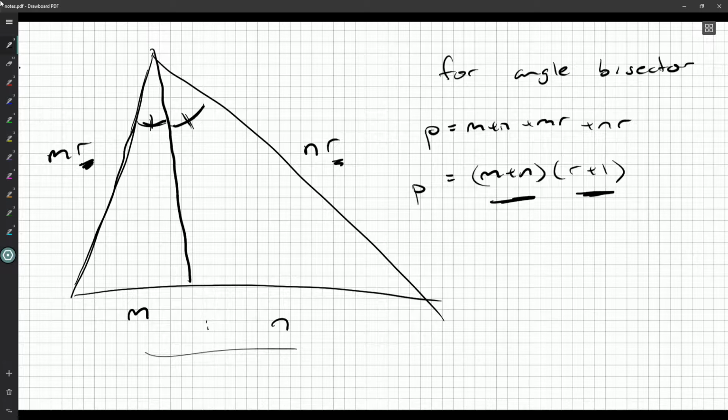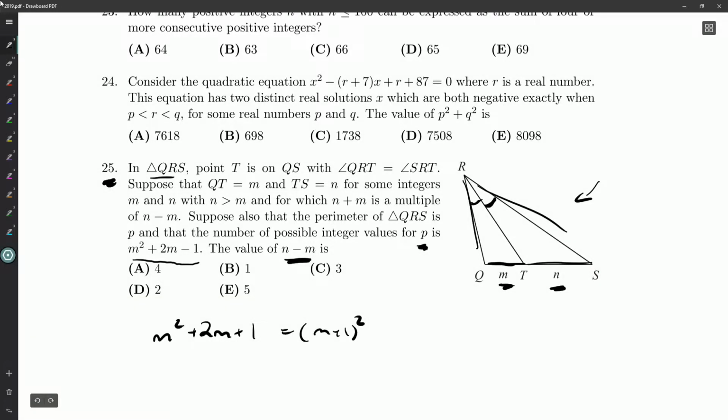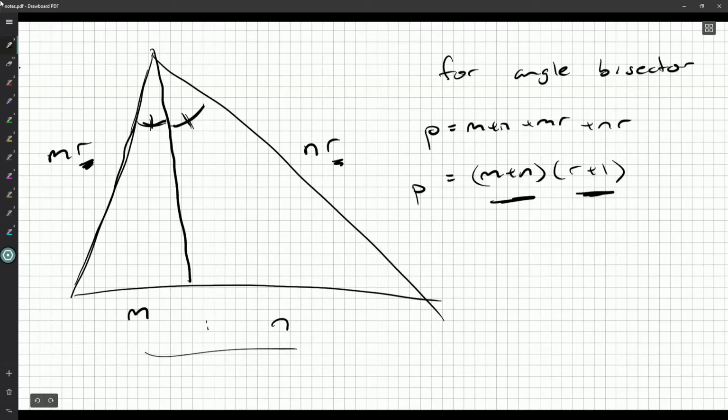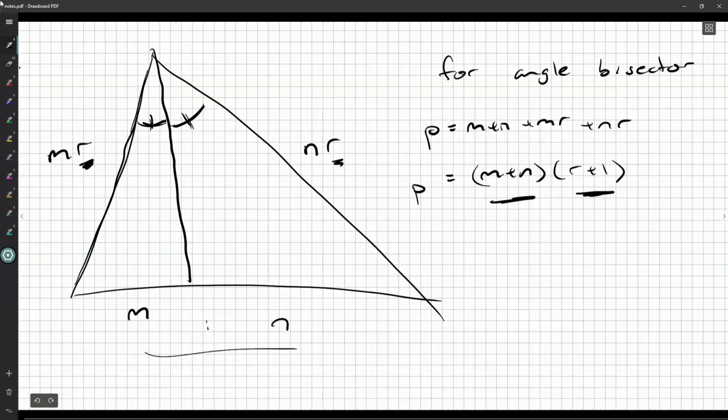Okay, and we're told n plus m is a multiple of n minus m, and we are trying to figure out n minus m. So actually, I suppose I could write it over there. So let's let n plus m be k times n minus m. Maybe I should get in the habit of writing n first. And this k is an integer.